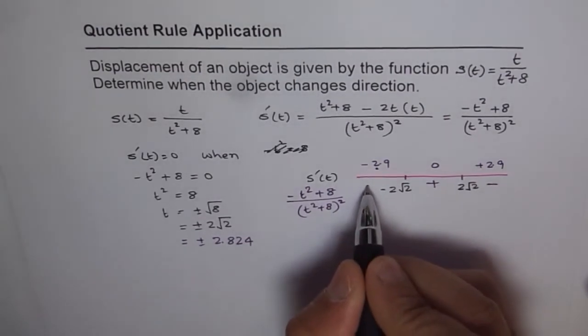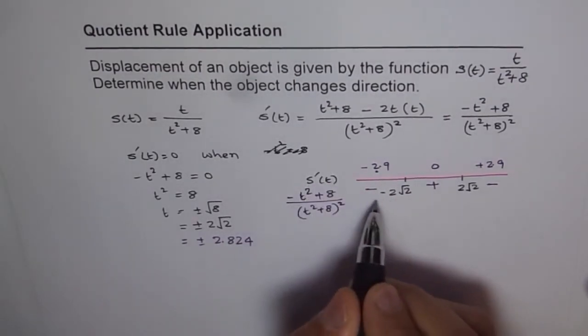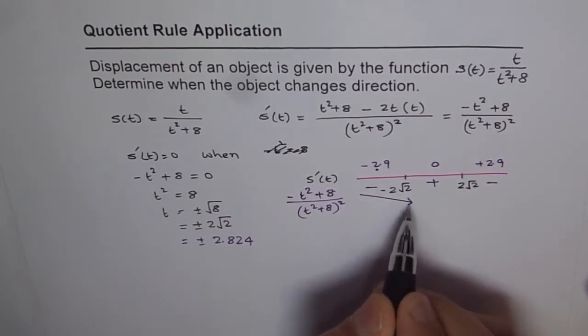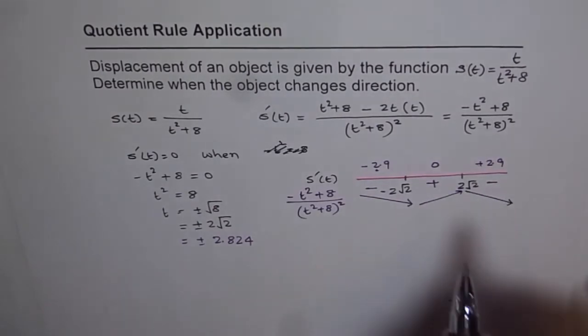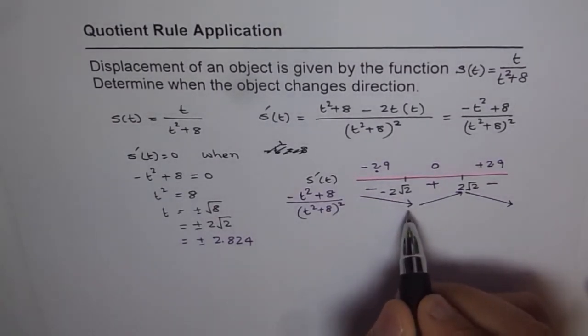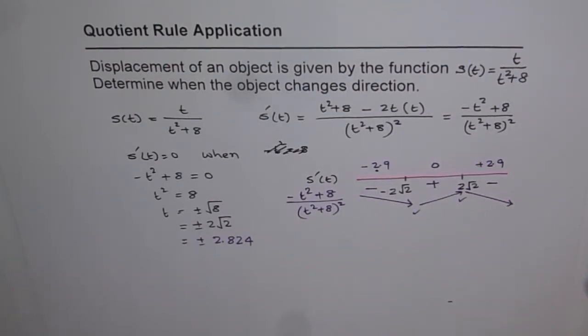So here also we'll get negative. That means the rate of change s dash t is decreasing in this portion, increasing here, and then decreasing here. Do you see that? So that shows a change in direction. Do you understand? So there is a change in direction at these points, plus minus 2 square root 2, right? So that is how we can find the points where there is a change in direction.